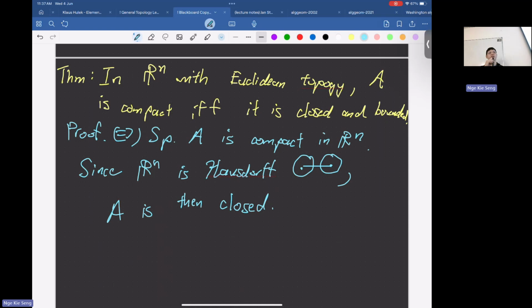This one is very interesting. If you have Rn, let's say we draw R2, and then you have a set A here. How to show it's bounded? Just now it's enough to show it is bounded by a ball. Is there a natural ball you can consider here?